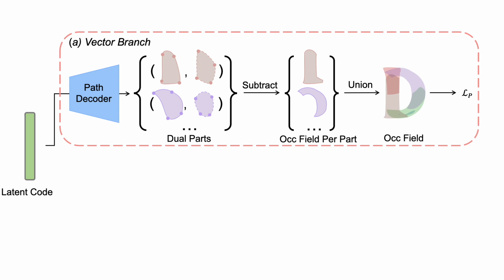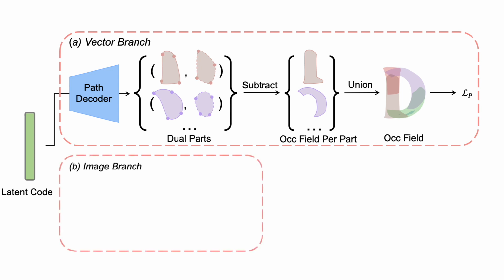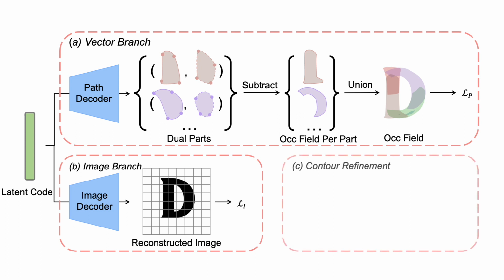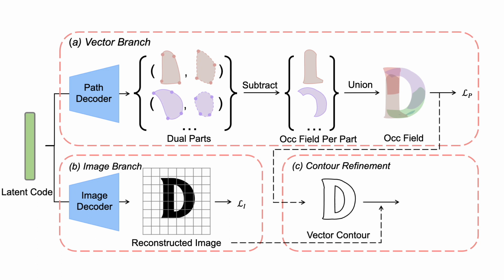To further enrich details for the representation, we also adopt an image decoder to reconstruct the image from the latent code, with a typical image space loss to train this branch. Finally, to align the two branches, we utilize a differentiable rasterizer, such as diffvg, to render and optimize the vector contour computed from the vector branch under the image guidance.